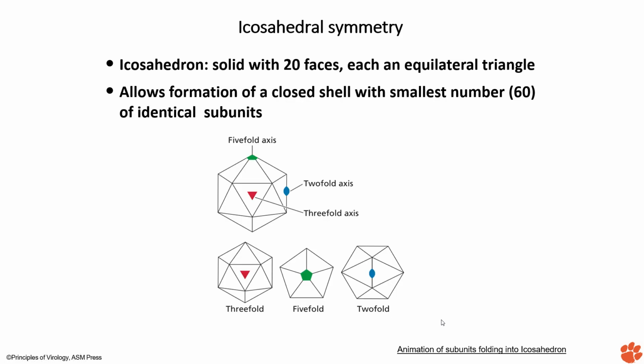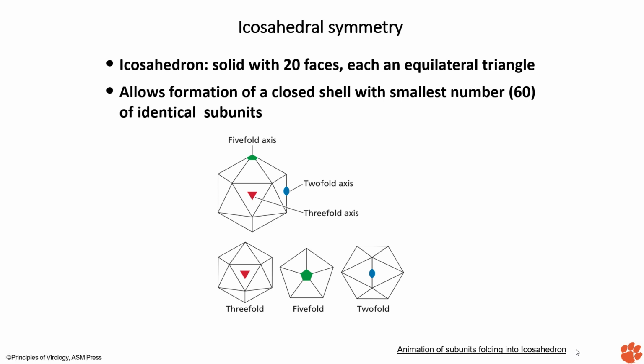So what is an icosahedral symmetry? An icosahedron is a classic Goldberg polyhedron, which has 20 equilateral triangular faces. Let's flatten it. If you take a polyhedron like an icosahedron and flatten it, you will get these triangular faces.